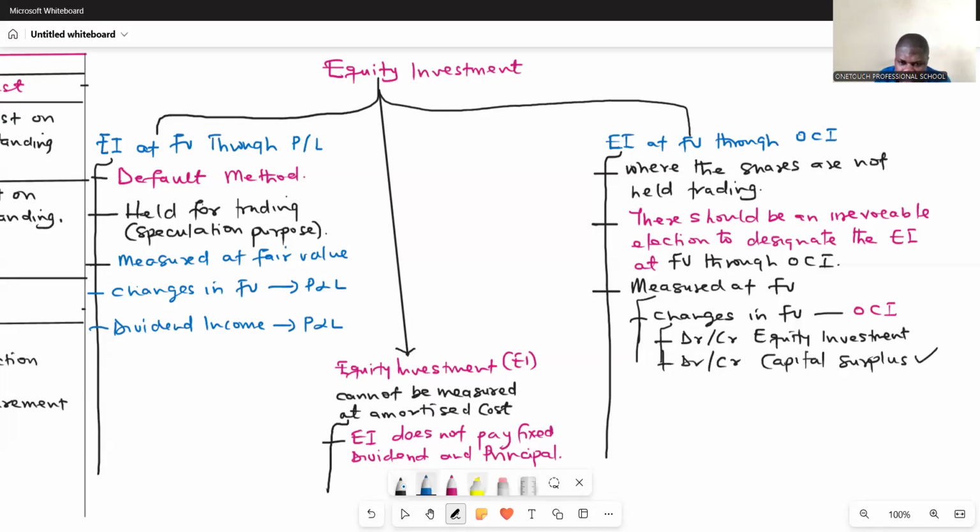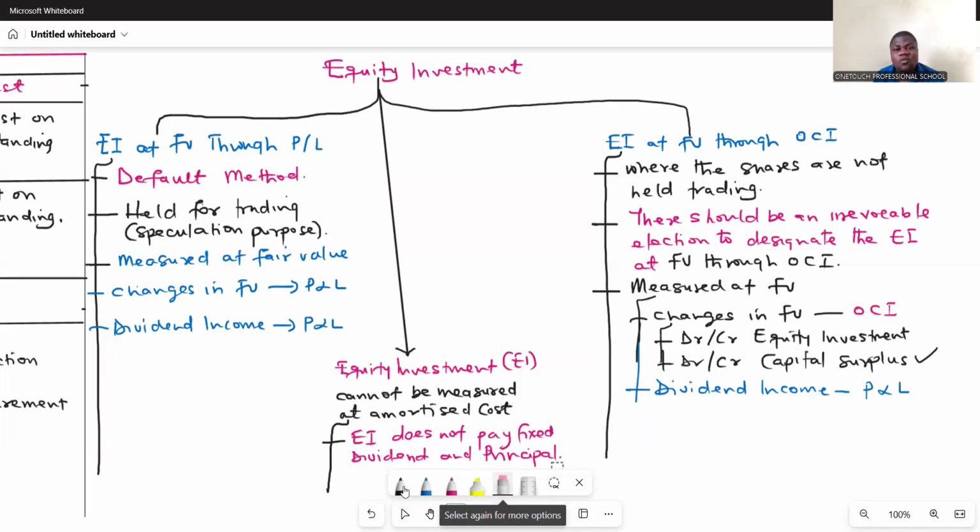Now remember, the ordinary dividend that you receive will still go through the profit or loss account. Why? Because this is a realized gain. So dividend income will still be in the profit or loss account.